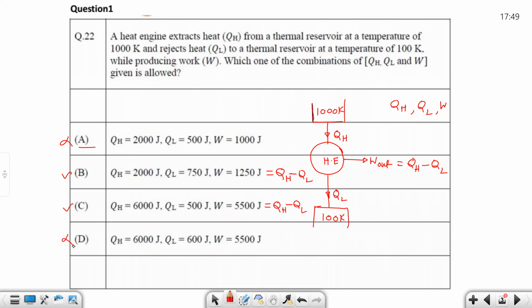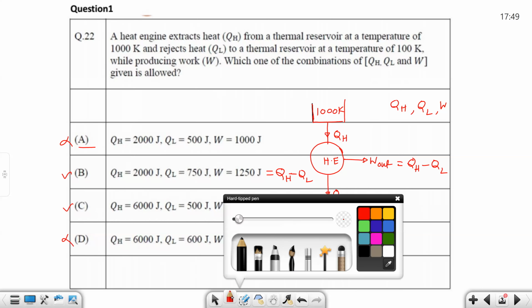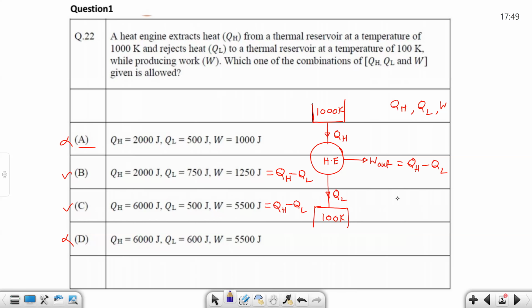So now what you are doing is you are trying to find out. By your energy conservation, the two answers are matching. From the entropy point of view, you take this entire system as the universe.